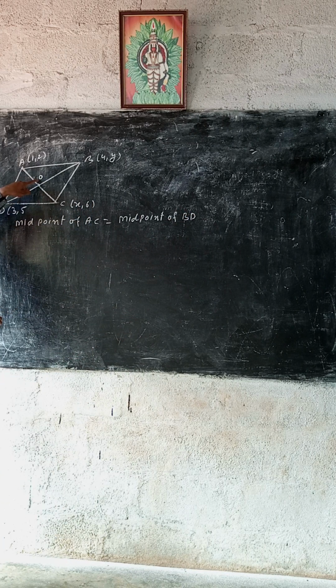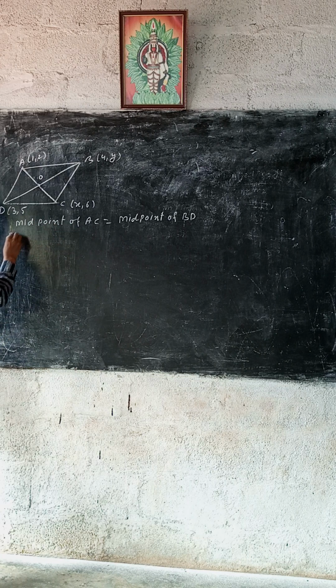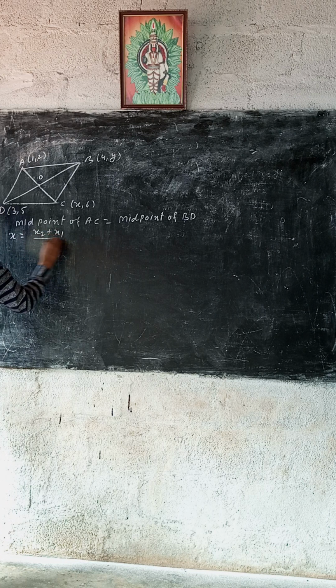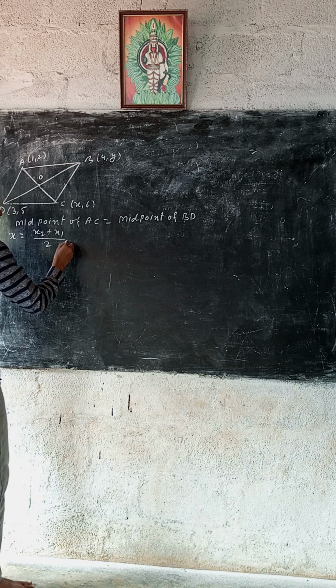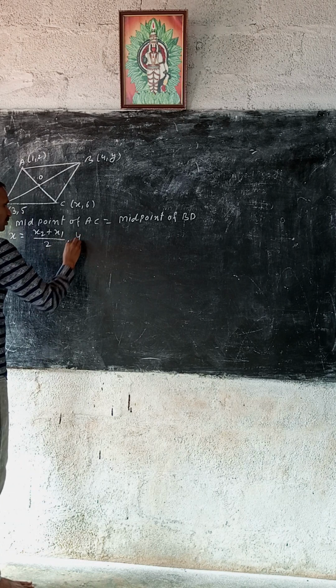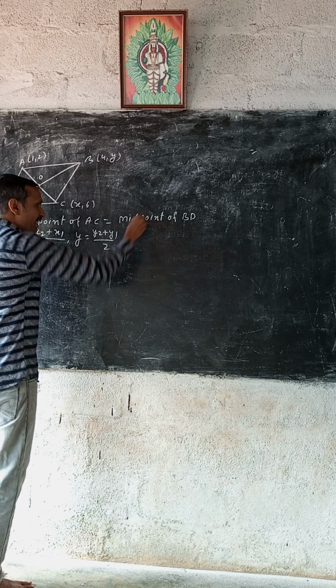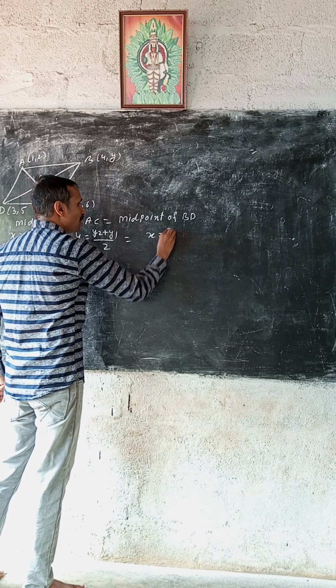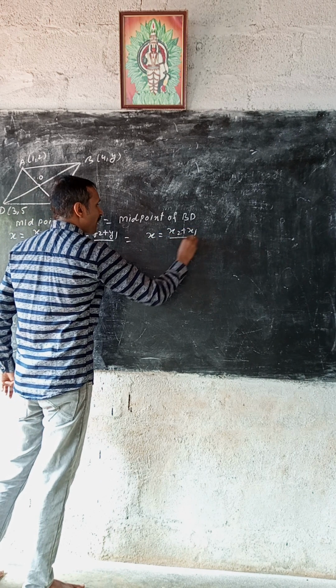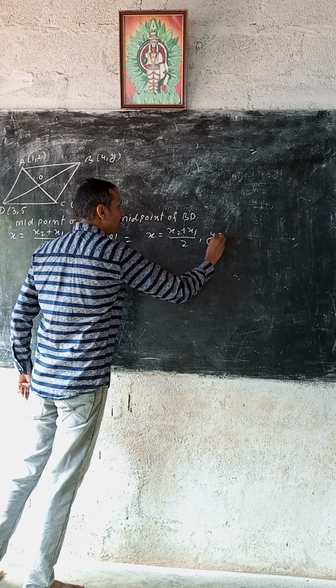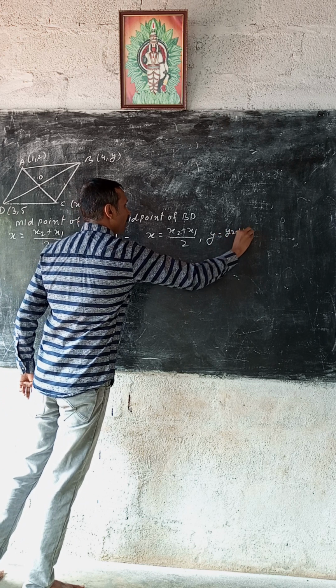Because O is the middle point for both. So the midpoint formula for AC: x is equal to (x2 plus x1) by 2, and y is equal to (y2 plus y1) by 2. And on the other side, the formula is the same: x is equal to (x2 plus x1) by 2, and y is equal to (y2 plus y1) by 2.